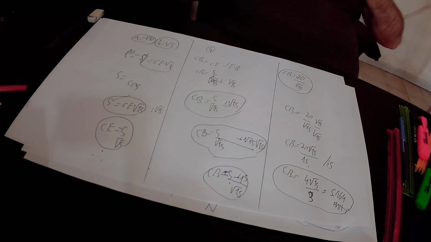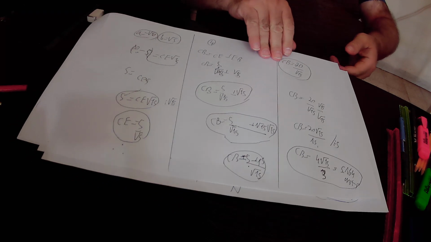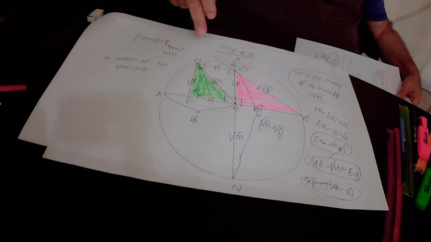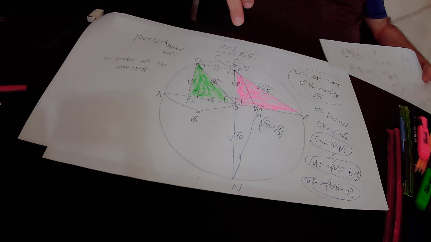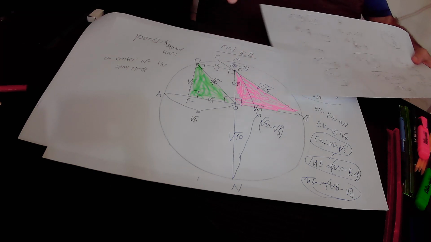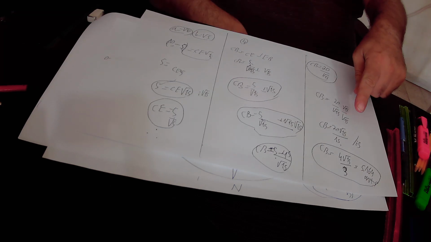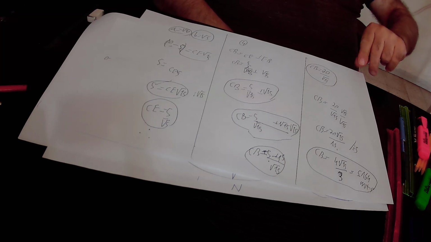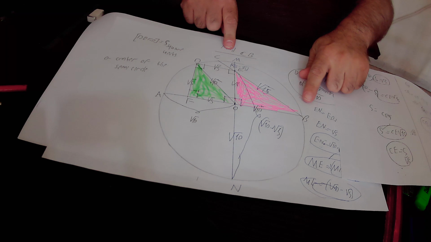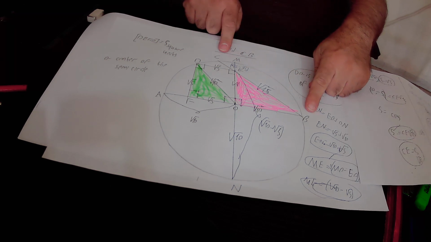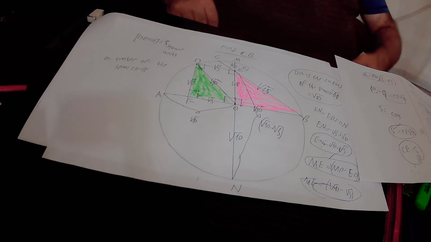In conclusion, we found out that the length of the chord CB, the chord that we are looking for, is equal to either 4 times square root of 15 over 3 units, or in terms of numbers, the length of this chord CB equals 5.164 units. Okay, thank you very much.